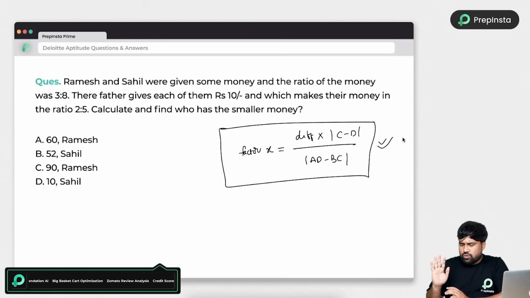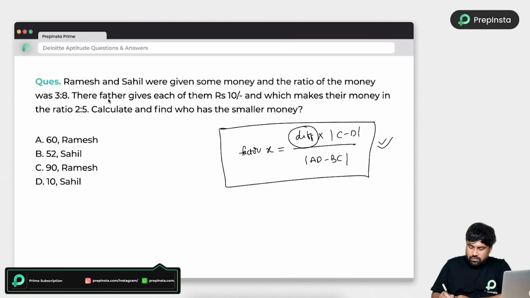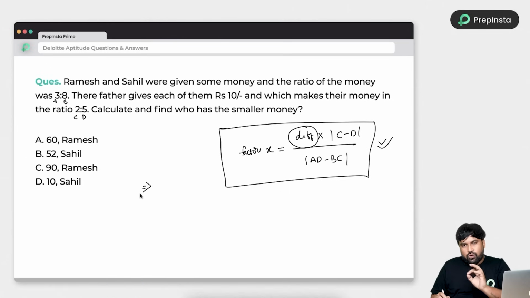While you are learning, you can do around 15 minutes of study on this. But when you go to the exam, you can do the problem easily compared to other people. See, I will tell you also, simple. The difference amount is the difference in the two ratios, and A, B and C, D are nothing but the ratios. So the first ratio you treat as AB, and the second ratio you treat as CD. See in the exam how you will do after knowing this formula.